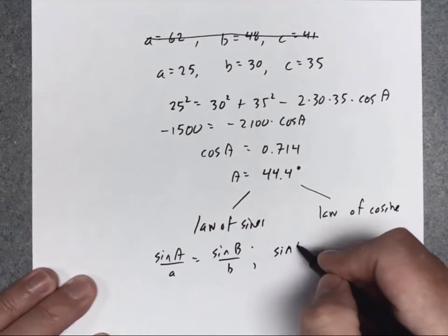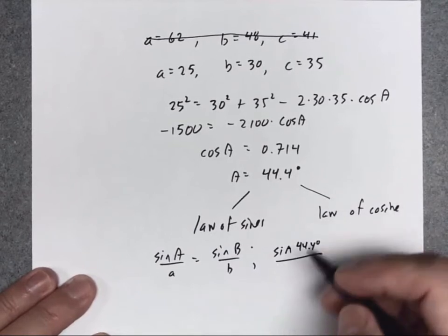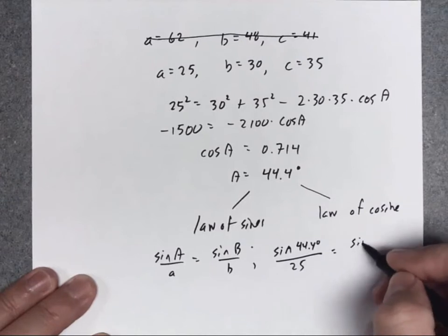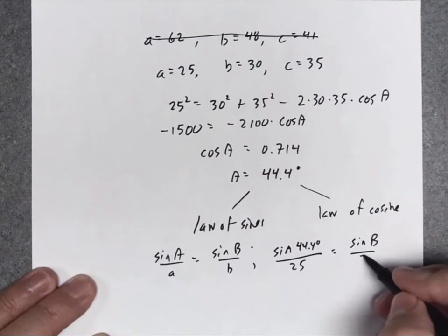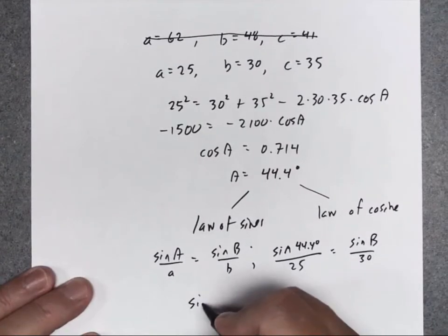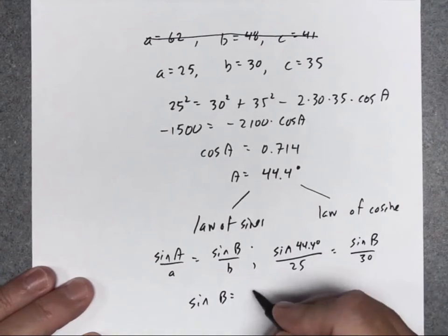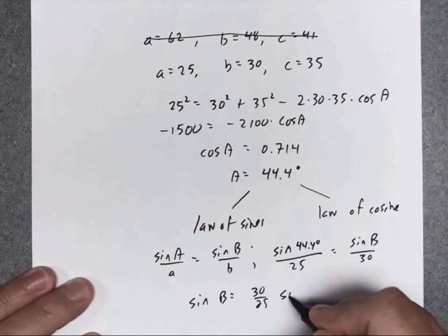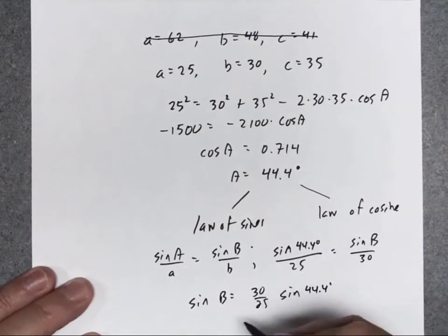Sine of A is sine of 44.4 degrees over A is 25, and the sine of the angle B, which is what we're trying to figure out, over the side B. The sine of B is going to be 30 over 25 times the sine of 44.4 degrees.